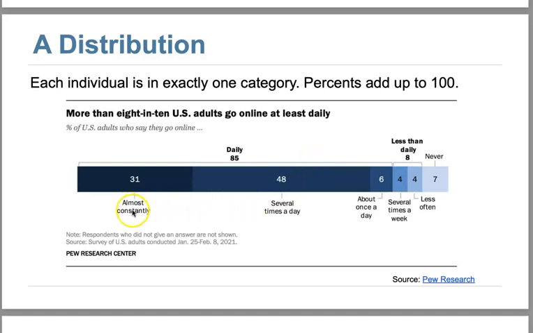You can see they have exactly 7 different categories, and they need to choose one of them. So they have never online, less often, several times a week, about once a day, several times a day, or almost constantly.